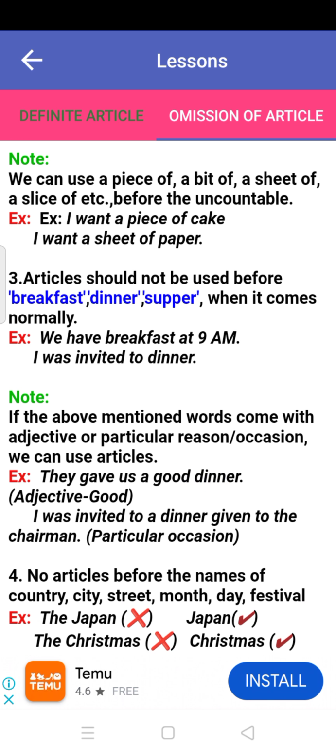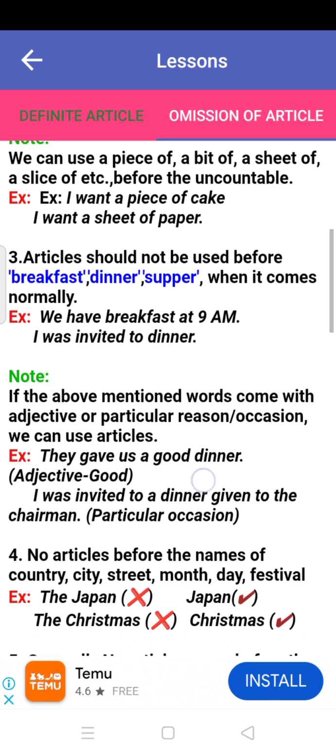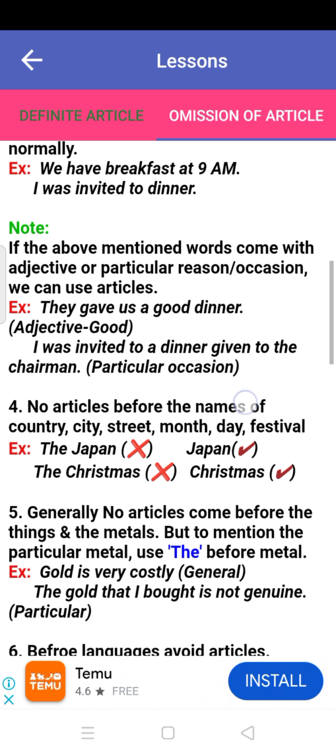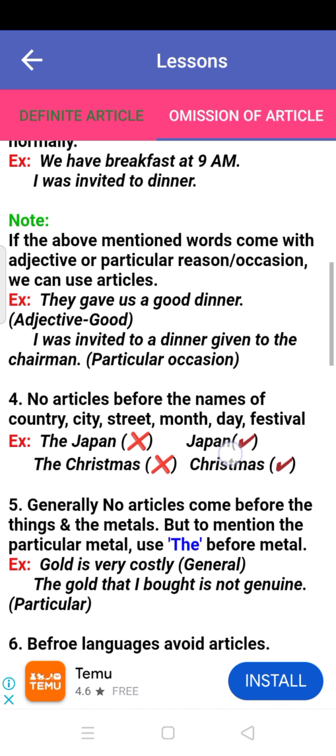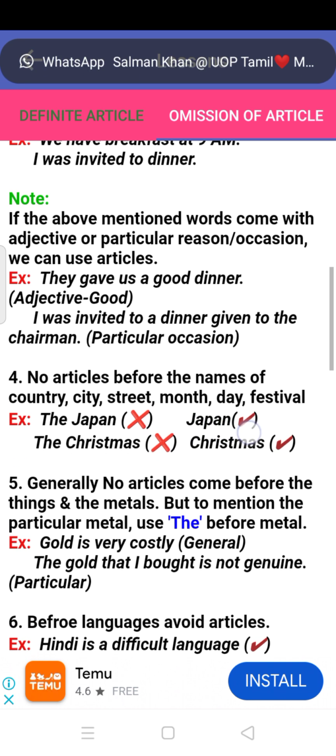Articles should not be used before breakfast, dinner, supper when they come normally. The examples are: we have breakfast at 9 a.m. I was invited to dinner. Here's a note: if the above-mentioned words come with adjectives or particular reasons or occasions, we can use articles.